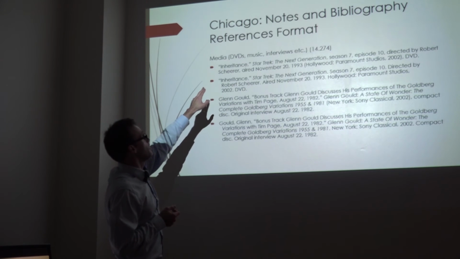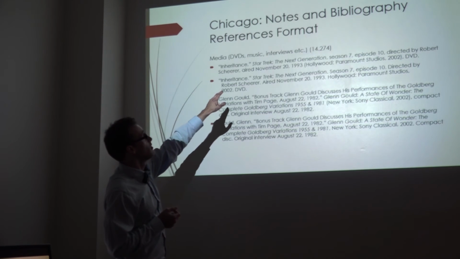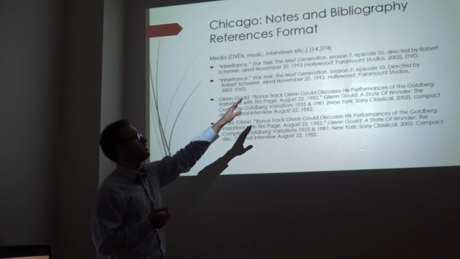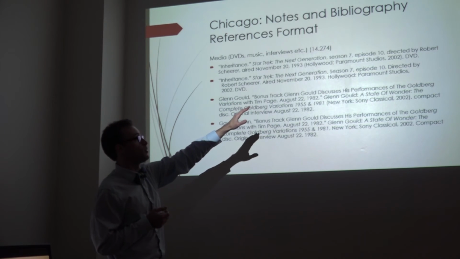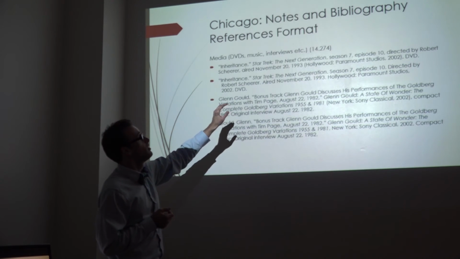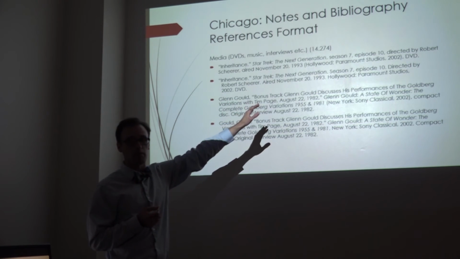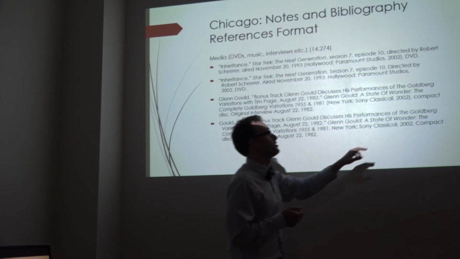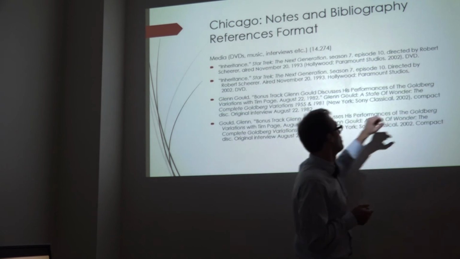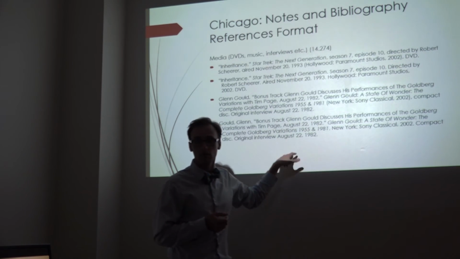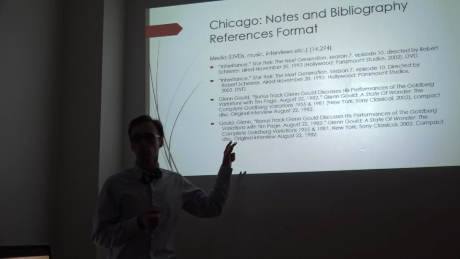If it's from a TV show, you would include the season or episode number, who it was directed by, an air date, and then the publication information would be the studio, and then what type of content this is, say a DVD, compact disc, or Blu-ray.